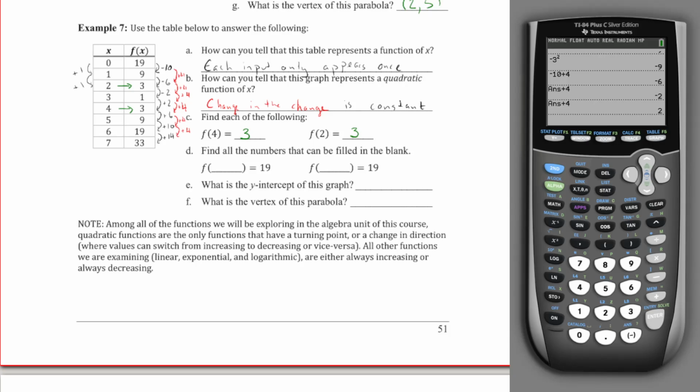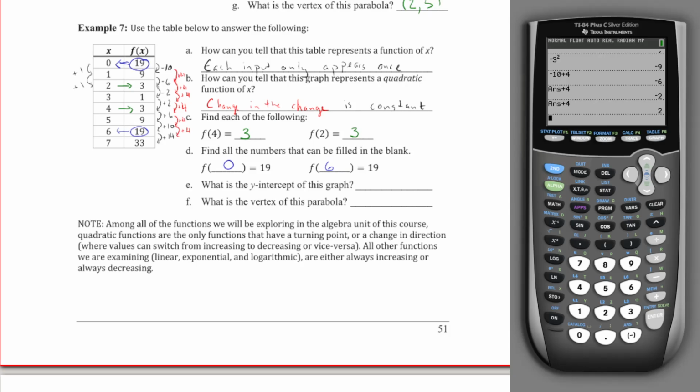When we want to say f of what gives us 19, we want to go the other way around. Output 19 we find twice, right here and here. Output 19 comes from input 0 or from input 6.